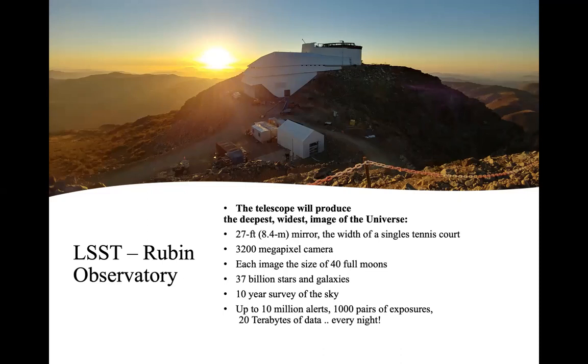And this observatory has a 3200 megapixel camera. Now, the cameras we normally have in our cell phones are like 8 megapixel, 10 megapixel, maybe 20, or a maximum of 50 or 100 nowadays. But this particular camera has 3200 megapixels, and this is a CCD camera. CCD means charge coupled device.